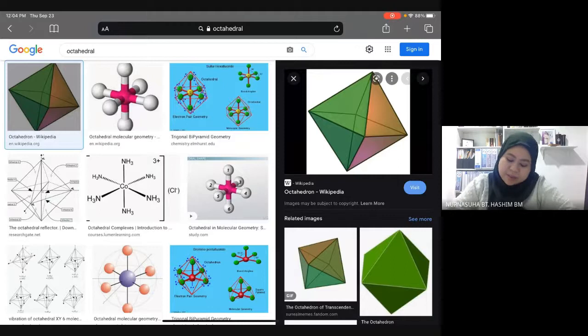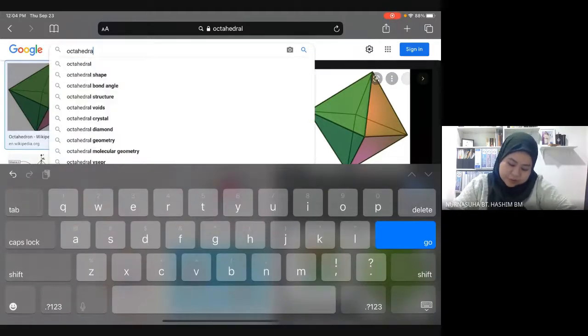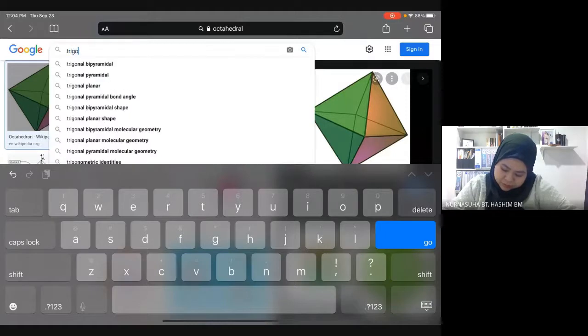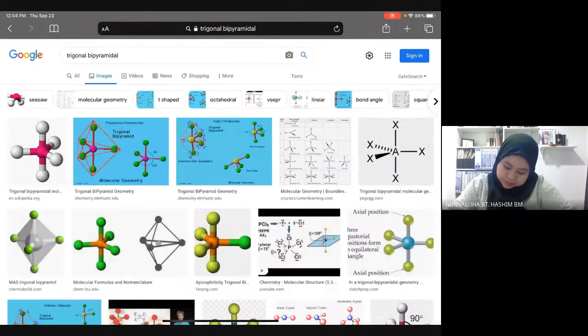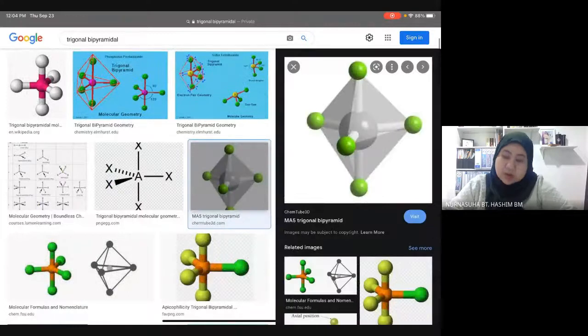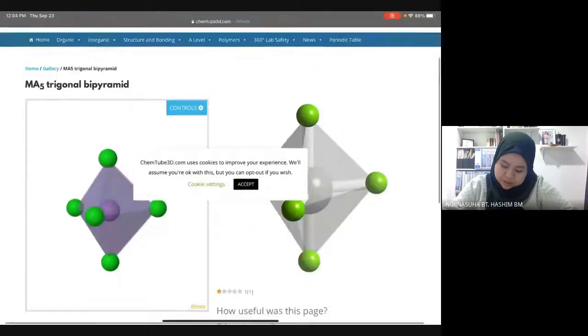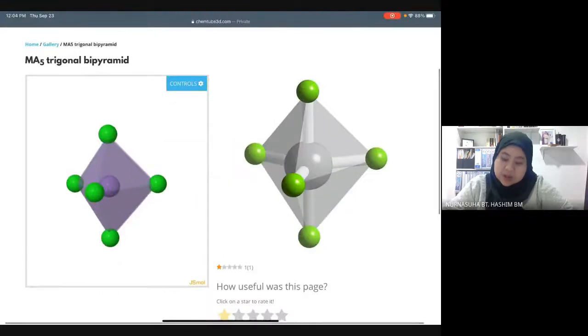Kalau Trigonal Bipyramidal, dia piramid bertapak segitiga. Okay, so that's the difference between Trigonal Bipyramidal dengan octahedral.